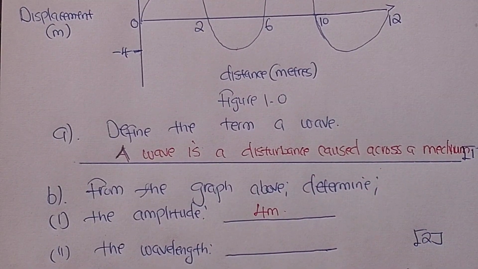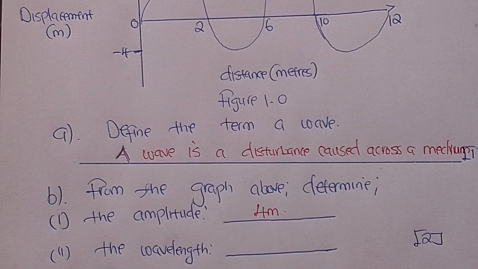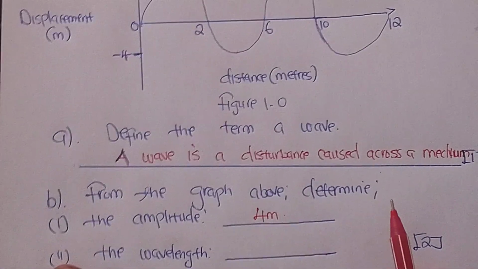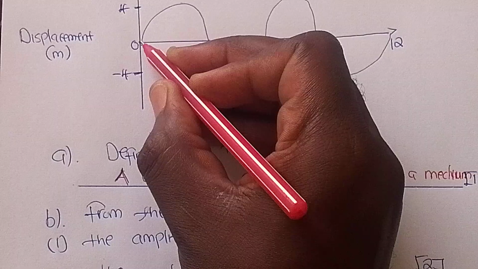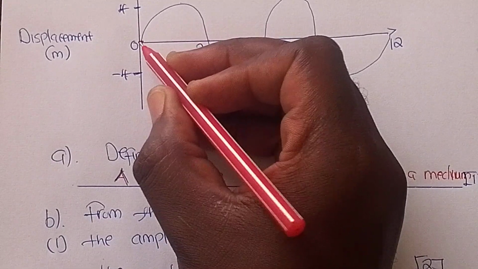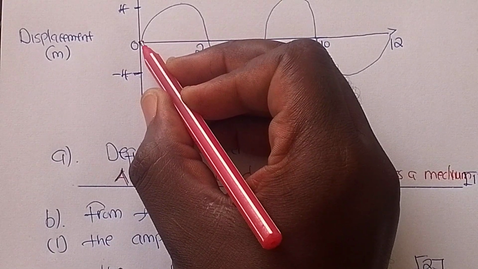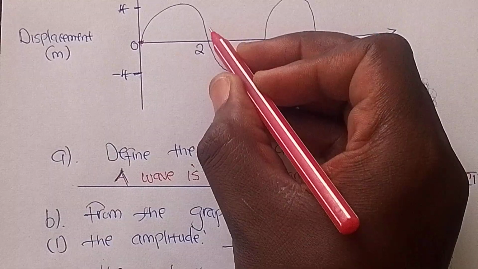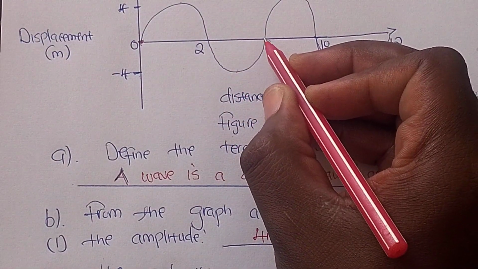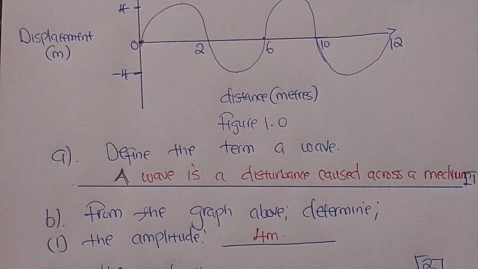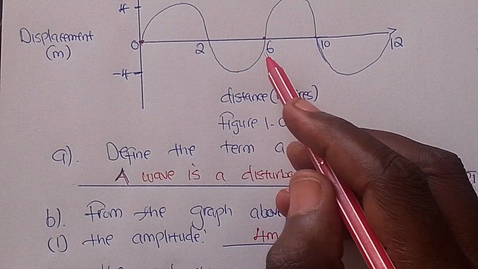Then from the graph above, determine the wavelength. How do we determine the wavelength? It is from the point of trajectory, the point from where it is going to ascend upwards, we let it descend downwards up until it creates the same point. This is the distance of our wavelength.